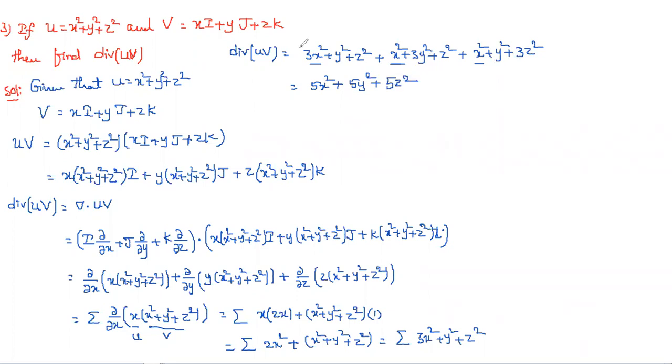So 5 is common; taking it out, we get 5 into (x square plus y square plus z square). And x square plus y square plus z square is what they gave in the problem, which is u. So the divergence of uV is equal to 5u.